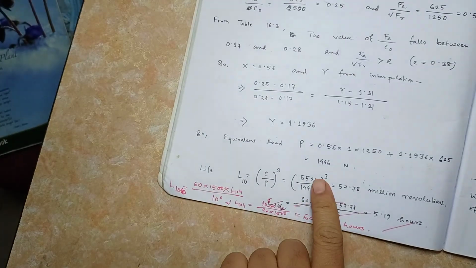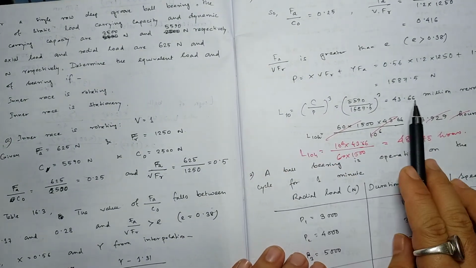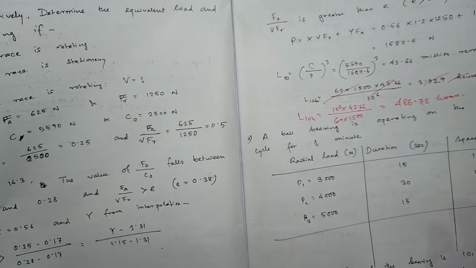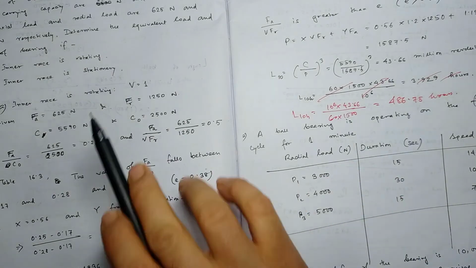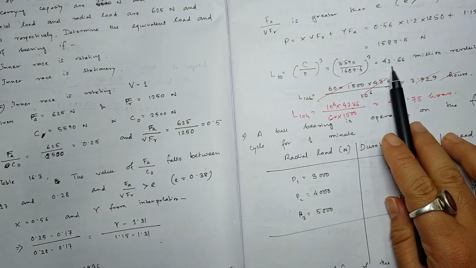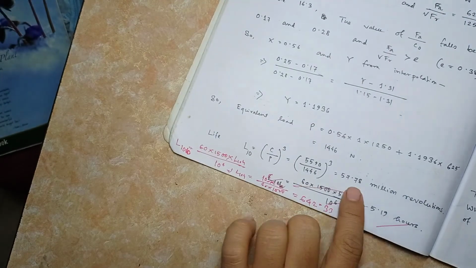Previously it was 1446. Now your life will change, L10 is 43.66 million revolutions. L10h is not required and is not written in the question, so it is optional here; L10 only is required. Here also obviously L10 only is required.